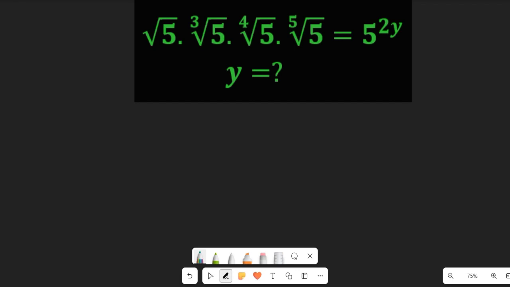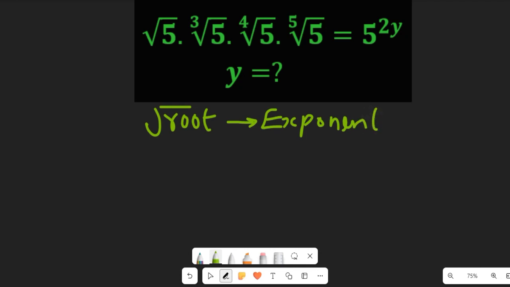From this expression, I want you to recall that whenever you have the square root of anything, called roots, there are things we must do in order to simplify that. You can easily make this square root an exponent. Now, how do we change this square root to an exponent?